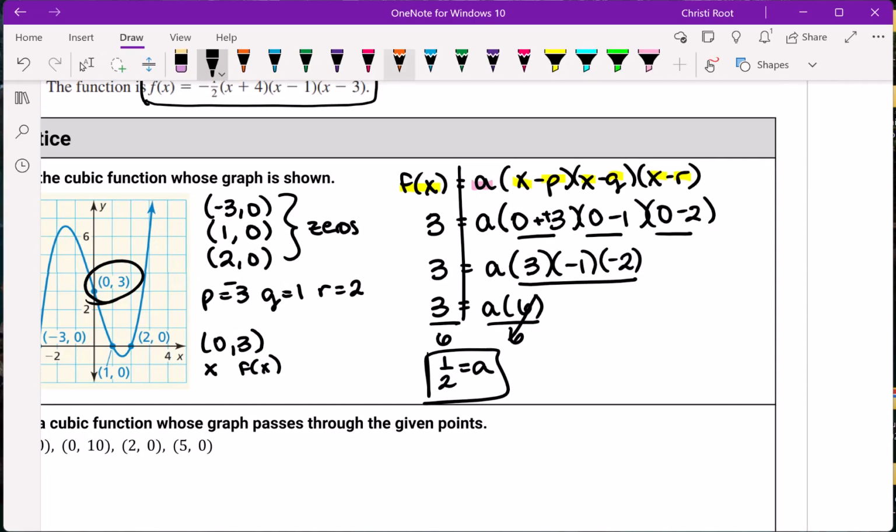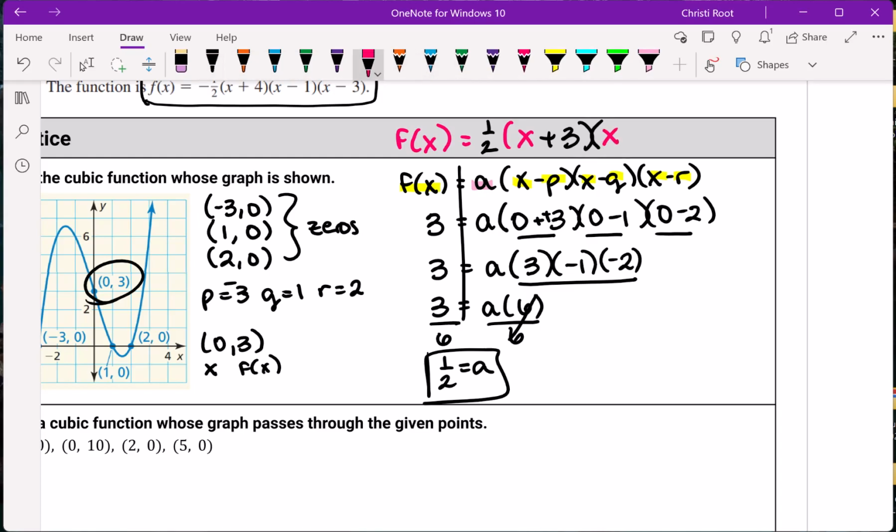So your final answer, let me change colors here. That's going to be f of x is equal to A, which is 1/2, and it'll be x minus -3. Now you need to change that to plus 3, so I would write that as x plus 3.